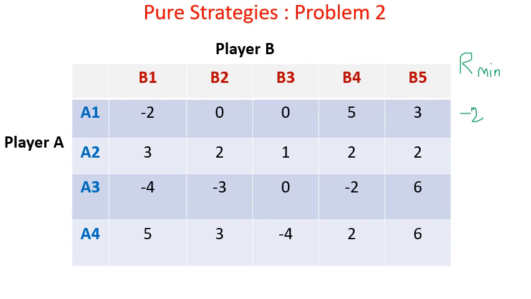Similarly, in the next row, the minimum is 1. Here, the minimum is minus 4. And similarly here it is again minus 4.